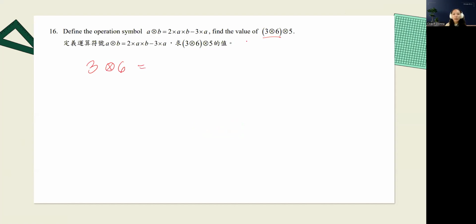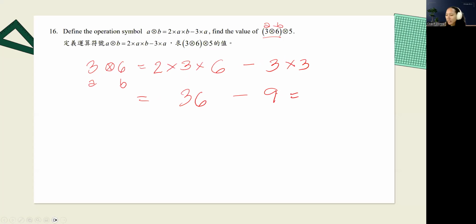You know that the one before the symbol is A, and this is B. So it says 2 times A is 3, B is 6, minus 3 times A, 3 times 3. So 2 times 3 is 6 times 6, 36, minus 3 times 3 is 9. 36 minus 9 is 27.